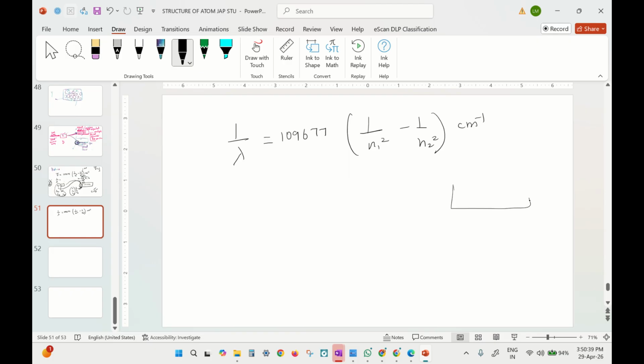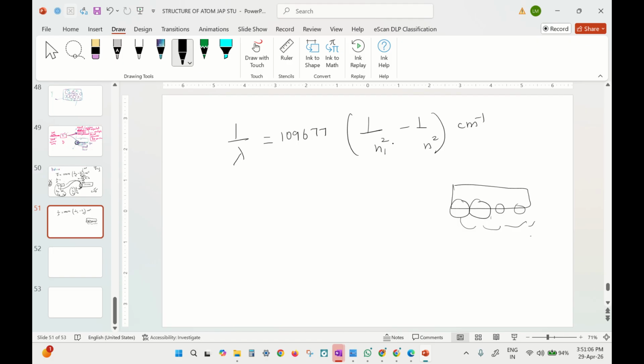One was studying this patch, second was studying this patch, another one was studying this patch, and so on. Balmer's equation was this equation. But when other scientists were analyzing the rest of the parts of the emission spectrum, they could generalize this expression as n1 square and n2 square.